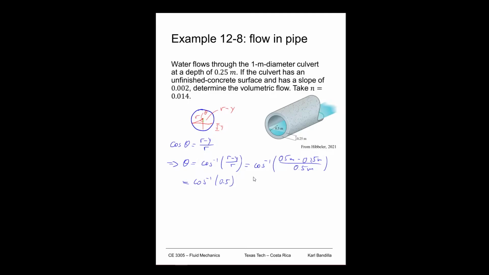Very importantly, we're doing all this in radians, not degrees. Knowing the cosine, this is pi over 3.